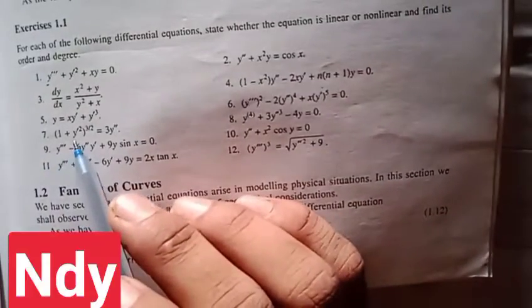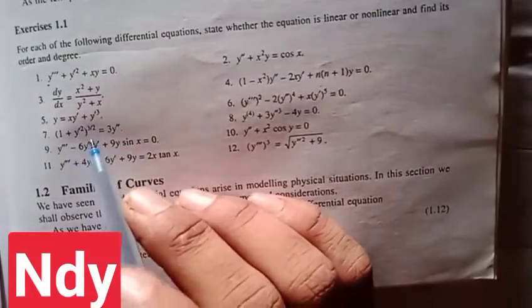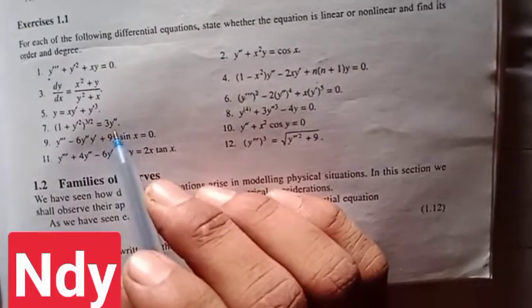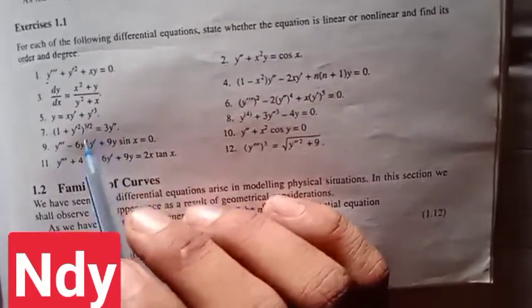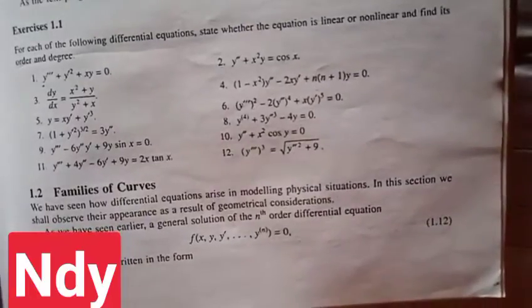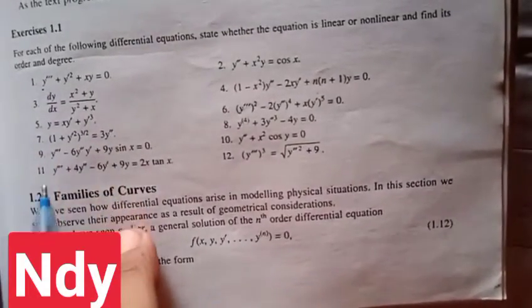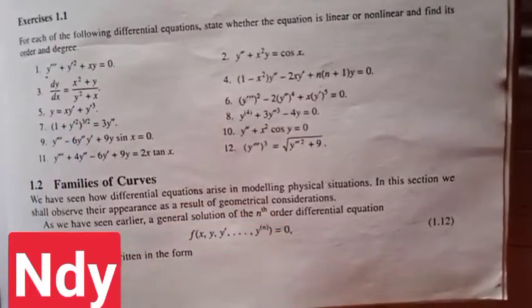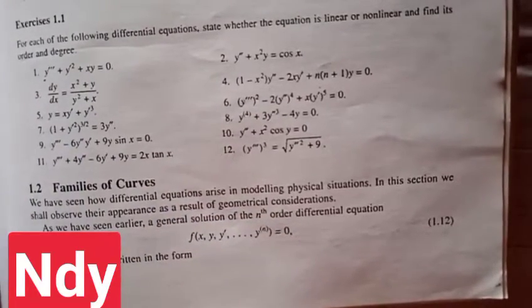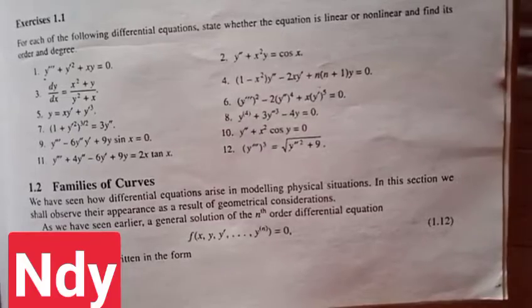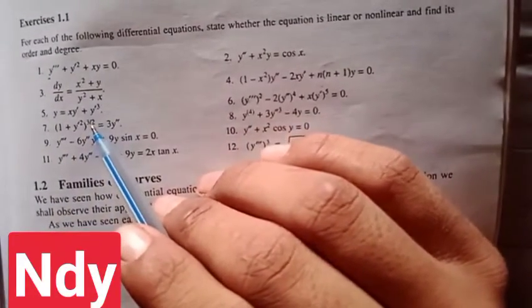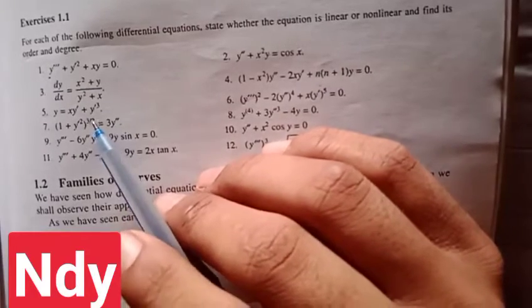In this case, the highest derivative involved is of the second order, so the order is 2. I have said that the function should be algebraic, and each term, either the dependent variable or any derivative of it, must be free from fractional power.